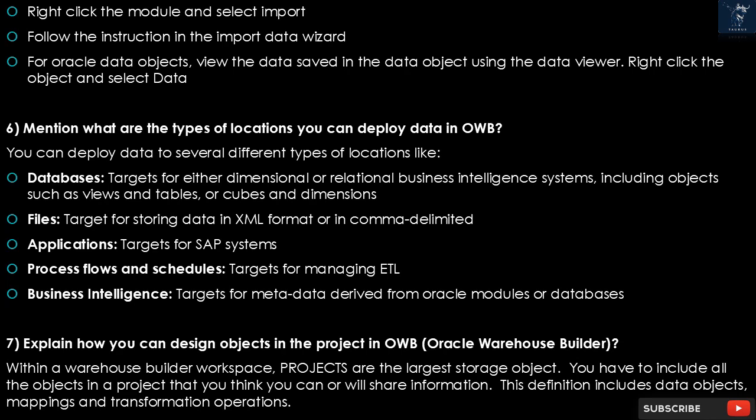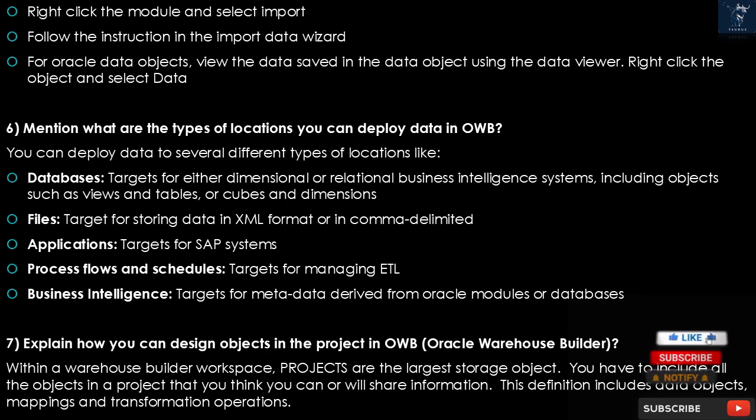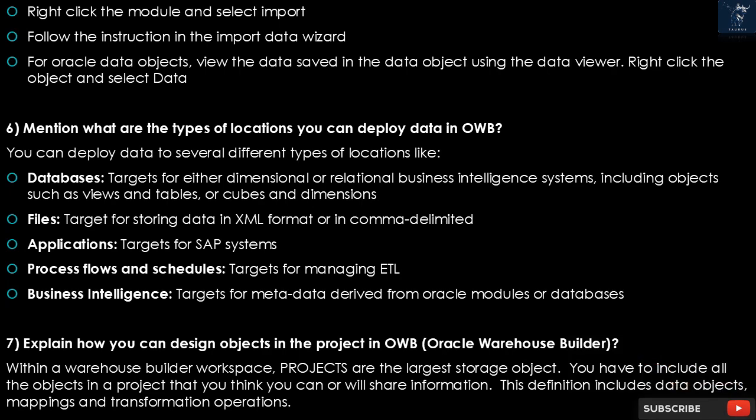Files, targets for storing data in XML format or in comma delimited. Applications, targets for SAP systems. Process flows and schedules, targets for managing ETL. Business intelligence, targets for metadata derived from Oracle modules or databases.